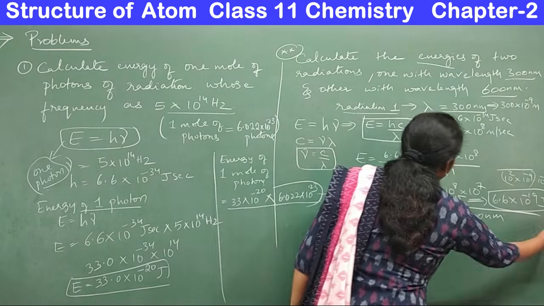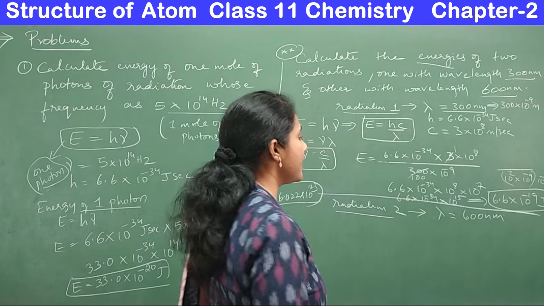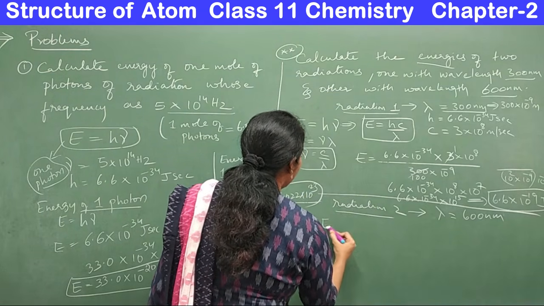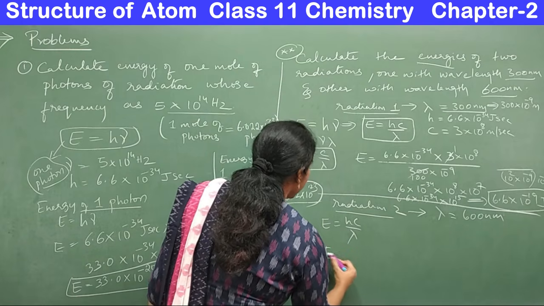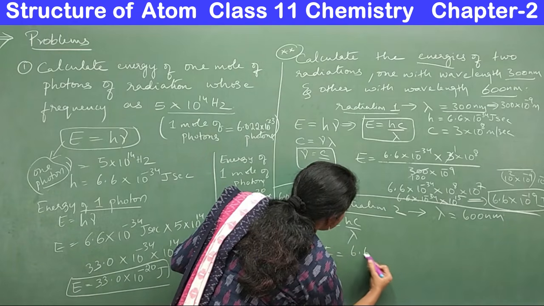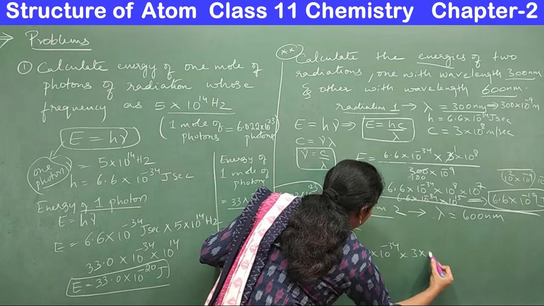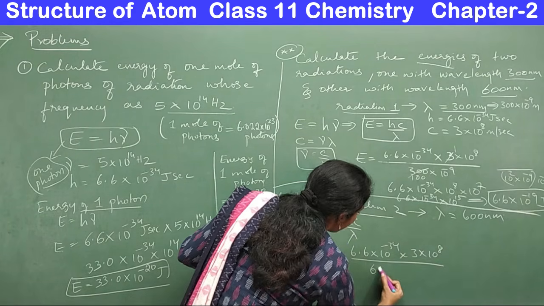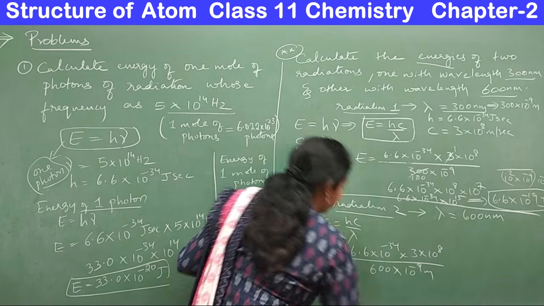Similarly, for the second radiation, lambda value is 600 nanometer, right? So what is the formula? Same formula, E is equal to hc by lambda. So E is equal to h, which is 6.6 into 10 power minus 34, c is 3 into 10 power 8, divided by lambda, which is 600 nanometer, so 600 into 10 power minus 9 meter.